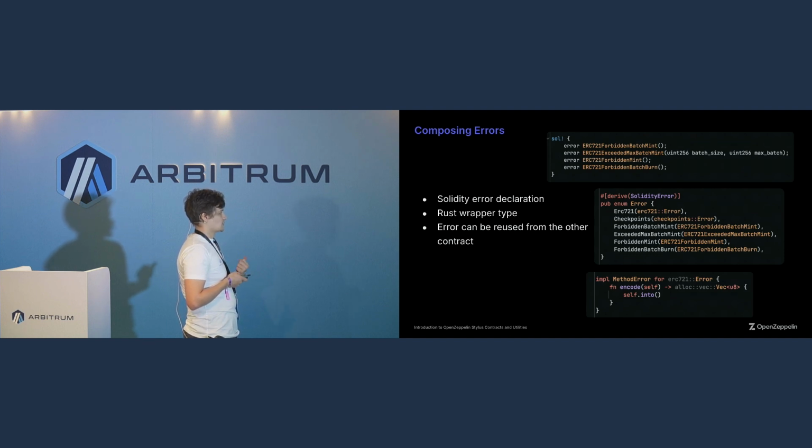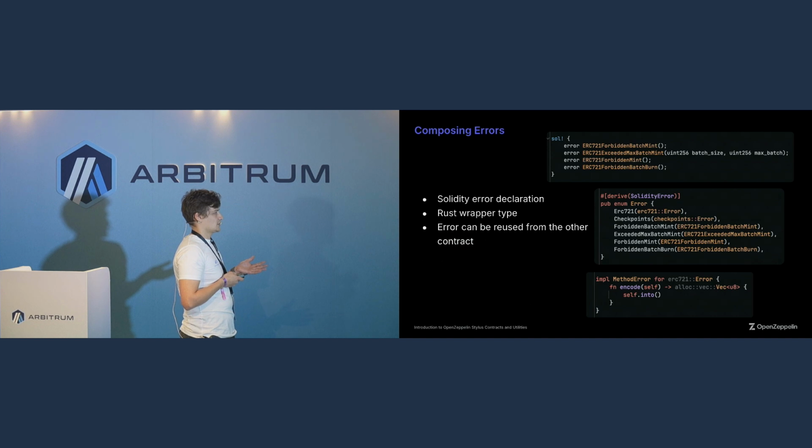For example, the current contract is a consecutive extension of ERC-721 NFT. So it contains ERC-721 inside, and the same works with errors. You can indicate an error in the enum as an argument. For checkpoints, same: you take errors from the checkpoint contract and put them there.